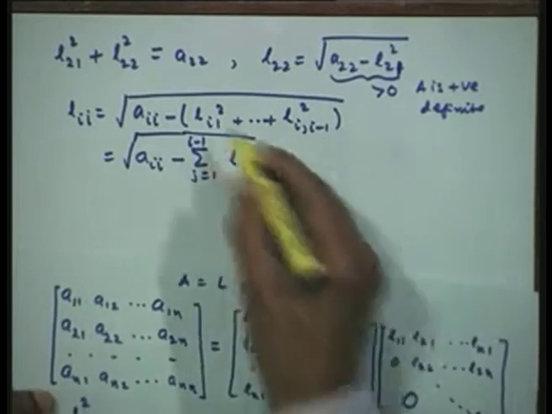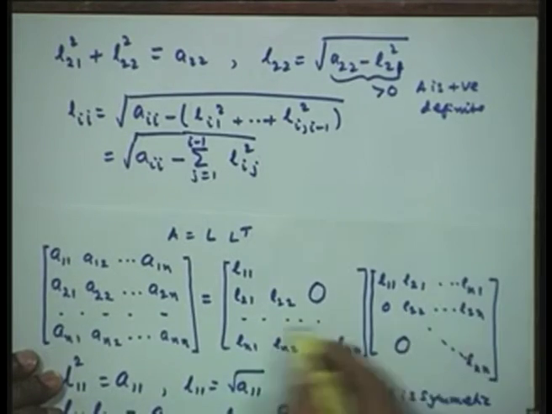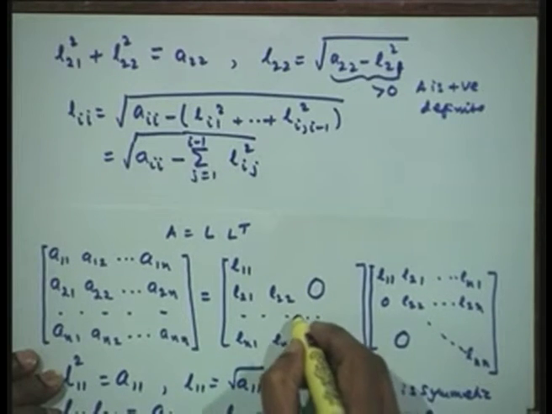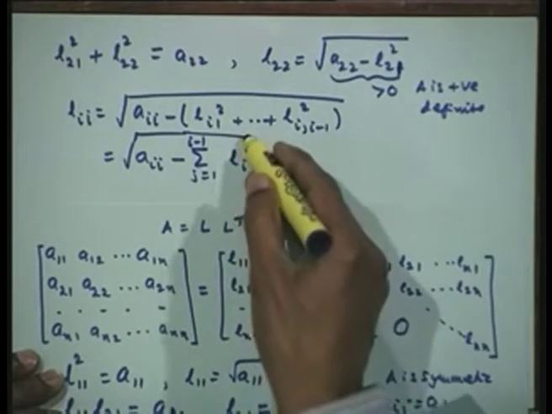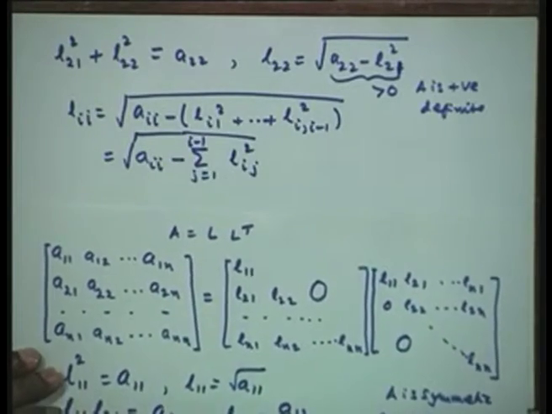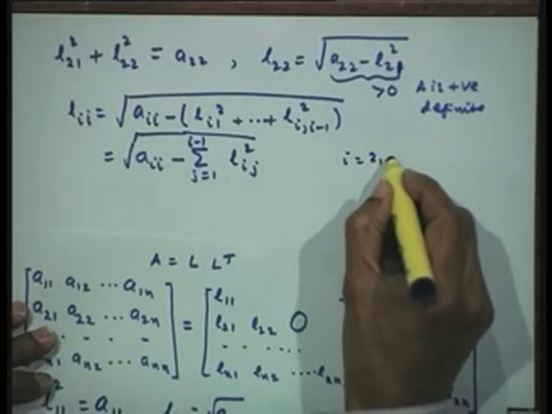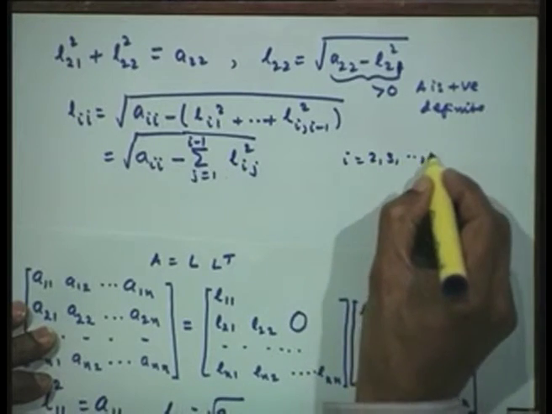Therefore these are all the squares of all the previous available elements. So we are now on the diagonal element, so we are taking the squares of all the previous elements, and this particular component is subtracted from Aii. That gives me all the diagonal elements, i is equal to 2, 3, and so on up to n.